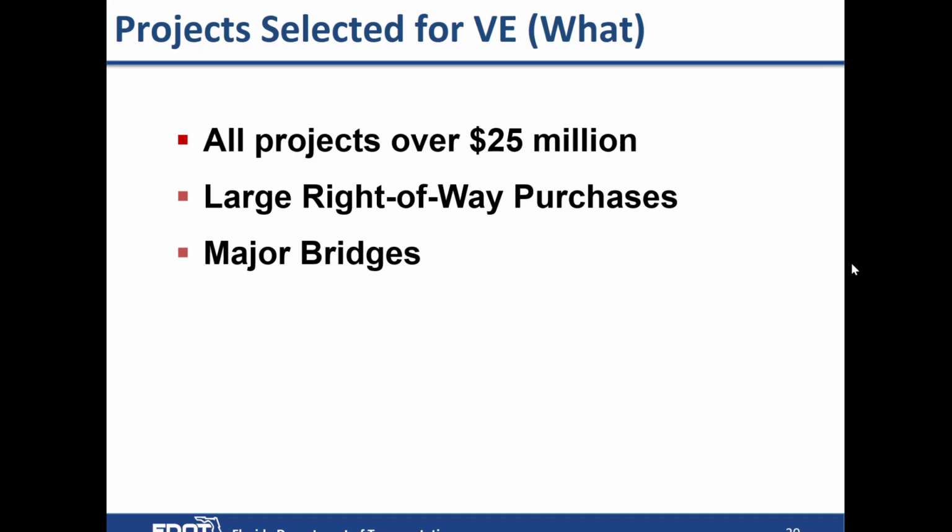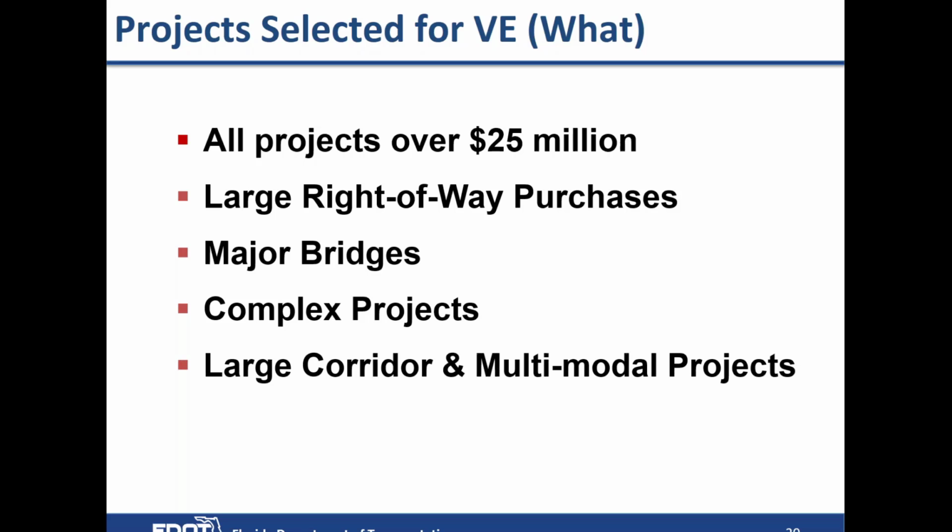Major bridges, the same. Complex projects. You could have a smaller project that has a little bit of complexity to it that may be under 25 million, and we do some of those because the complexity adds to issues that you may be having. Large corridor and multimodal projects we do, and we also get on occasions requests from project managers to conduct a VE study on their project.